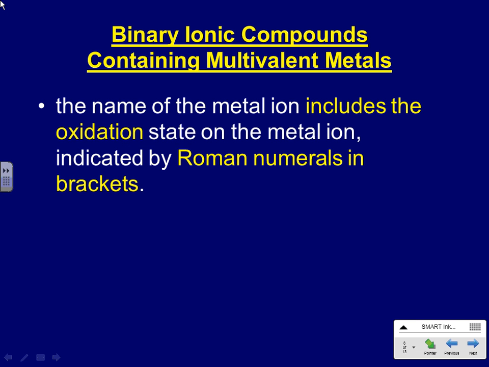Or perhaps if you're working in a laboratory situation and you're a technician or perhaps an assistant to a technician, and that technician says, I need some iron chloride. You would then proceed to the storeroom where you find your chemicals, and you'll find that there's 2 versions of iron chloride. There would be an iron 2 chloride and an iron 3 chloride. And you would then not know which chemical to return to the technician.